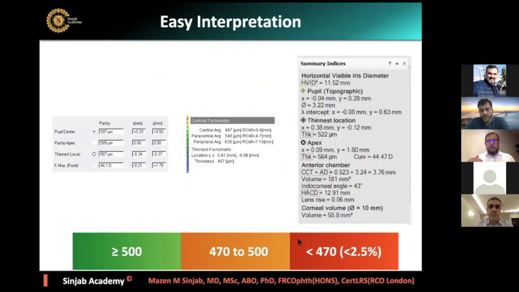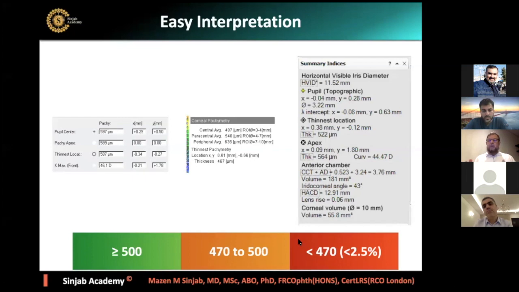So we can say that those who have less than 470 microns most probably are abnormal, because less than 2.5% of the normal population have this low thickness.